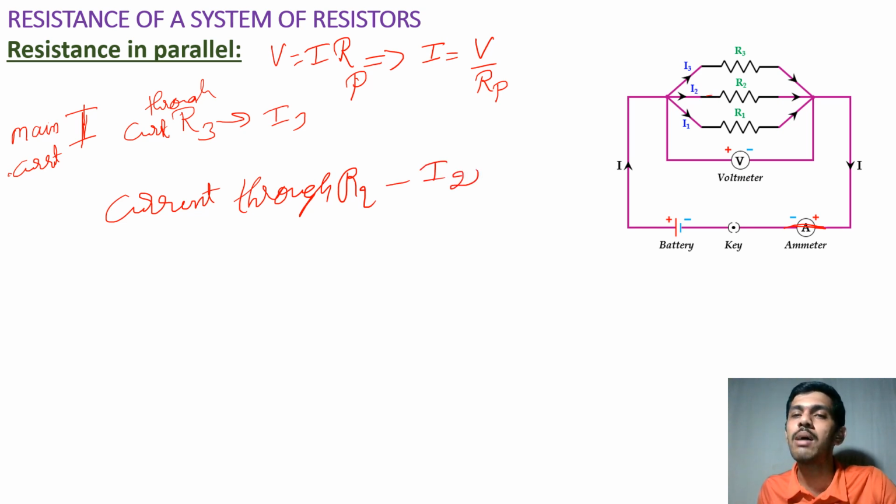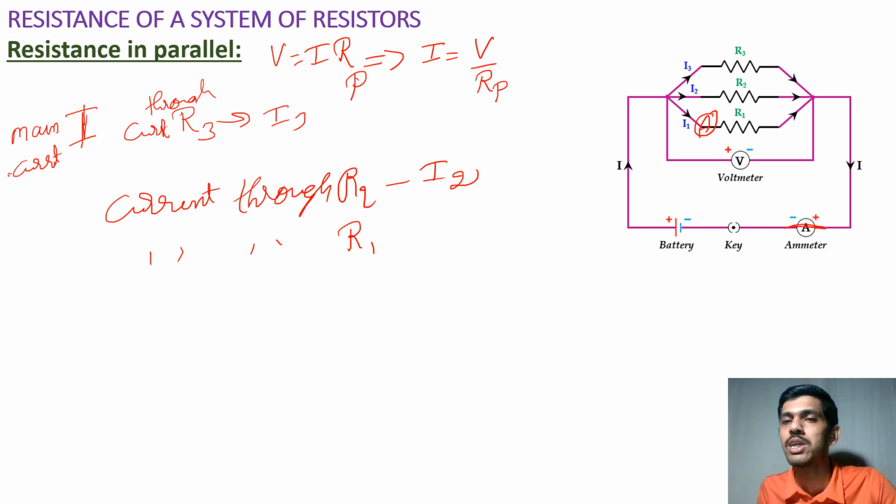Similarly, I remove the ammeter from here and connect it along the R1 resistor. Whatever the current value is there, the same current flows through R1. That is why I have written current through R1, current through R2 and current through R3.